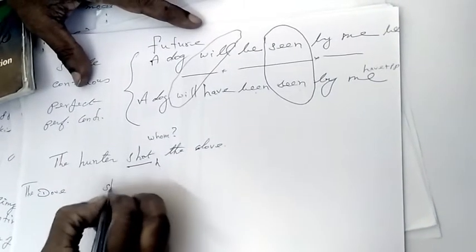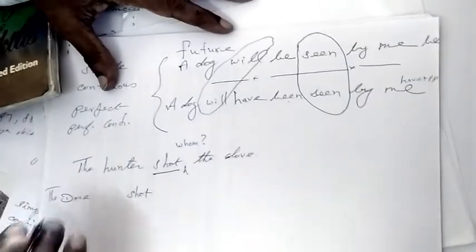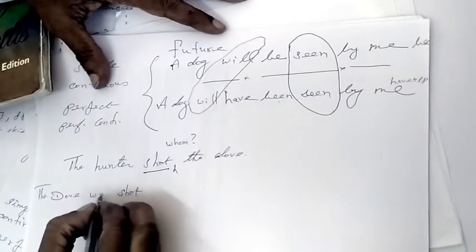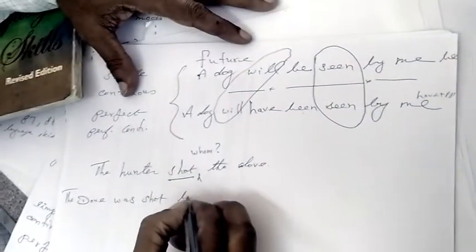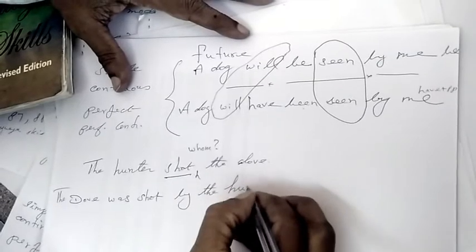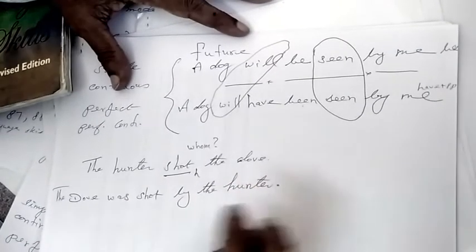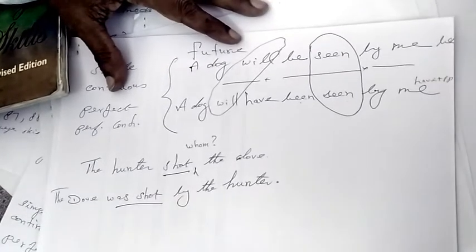Therefore, the past participle is shot. And dove, third person singular, was. The dove was shot by the hunter. The dove was shot by the hunter. Was shot.